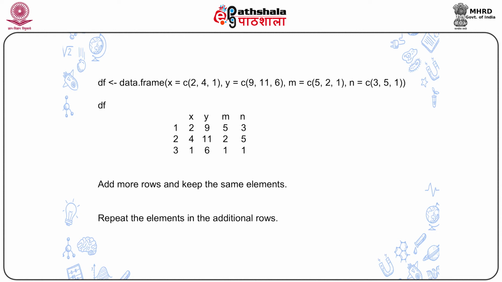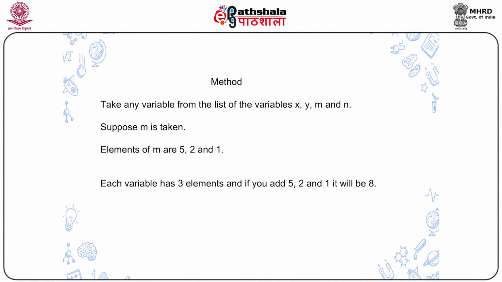Now, we want to add more rows and keep the same elements. So it is needless to say that we need to repeat the elements in the additional rows. Now the question is, how will we do that? Take any variable from the list of variables x, y, m and n. Here I have taken m. Now the elements of m are 5, 2 and 1. We all know that.